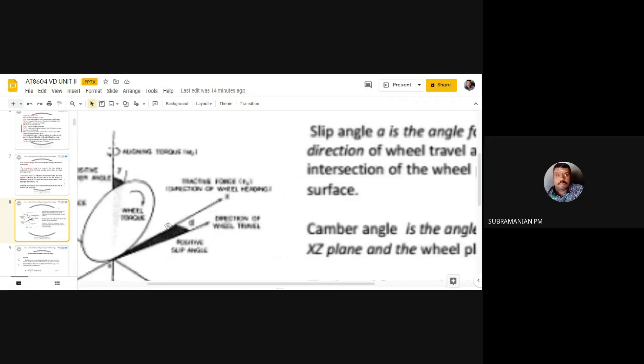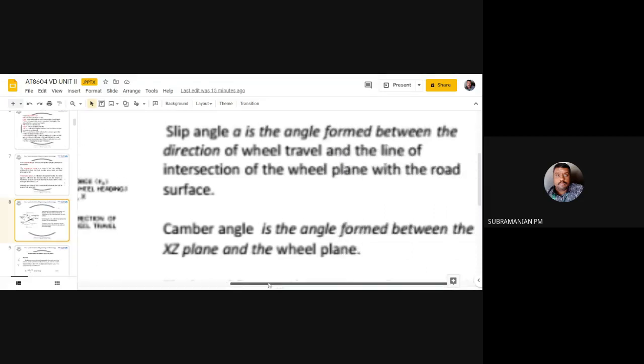That is the main thing. This x is horizontal, perpendicular to z as well as y, and it is the intersection of the wheel plane with the ground plane. And this one is actually the direction of wheel travel. So obviously it should go in this plane, but a slight deviation will be there. That angle is termed as slip angle.